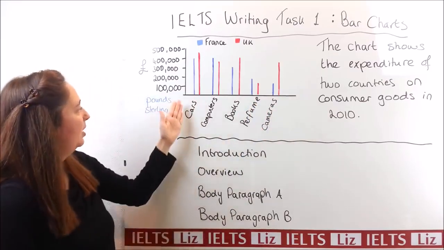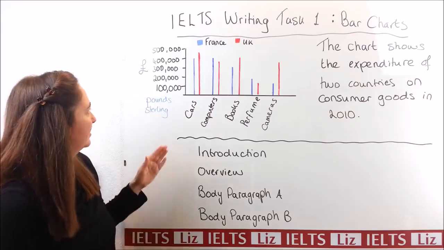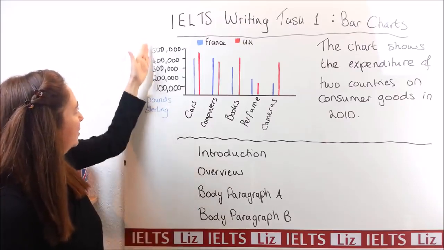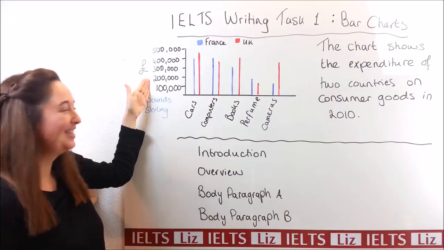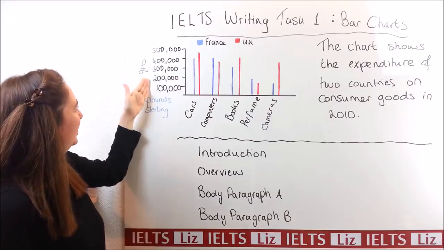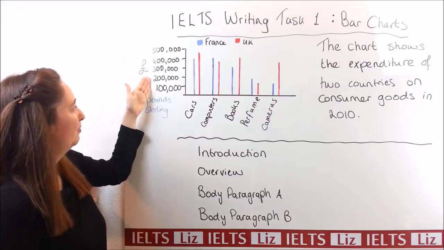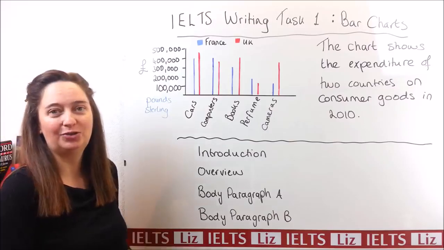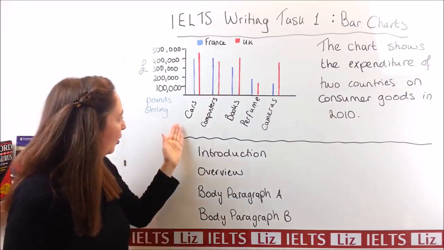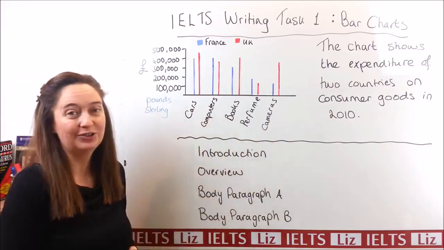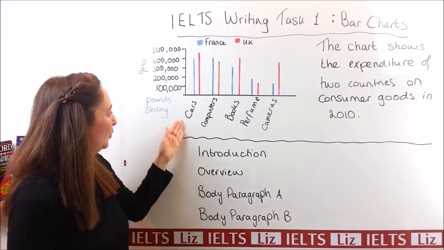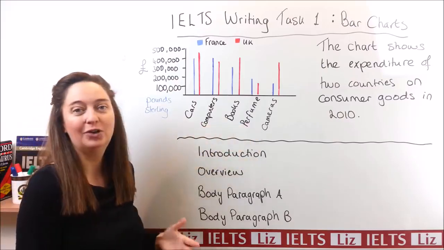Now, when we look at the bar chart, we can see that down the vertical axis, so at the side, we've got all the different amounts of money that the 2 countries spend. Along the bottom, that's the horizontal axis, we've got all the different types of consumer goods.